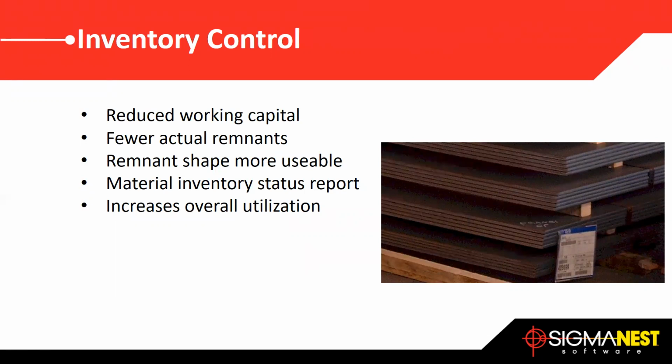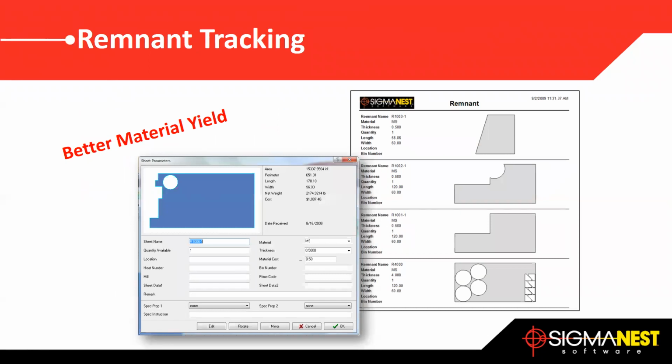So if we take a look at this next slide, you're going to see this particular remnant right here, whereas if we did a linear crop on that, all that part to the left would be a portion of the sheet we wouldn't be able to use. And like I said, we're talking about 5%. How many parts would be able to fit onto this sheet because we had that extra material to nest on?